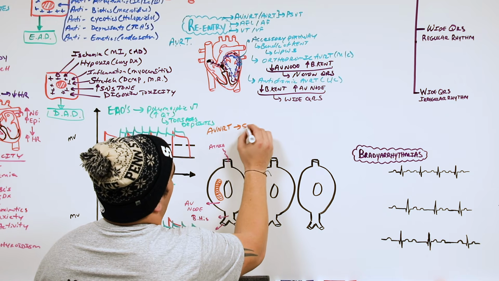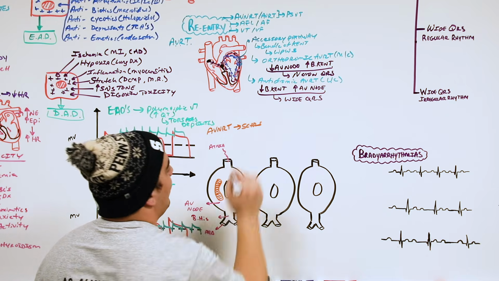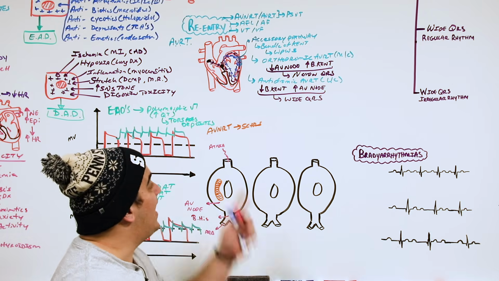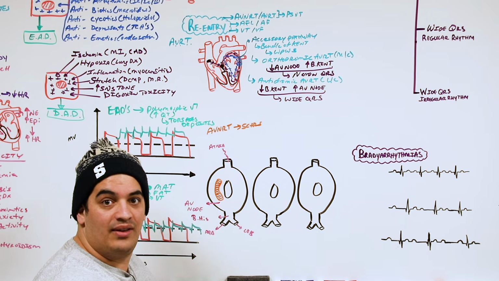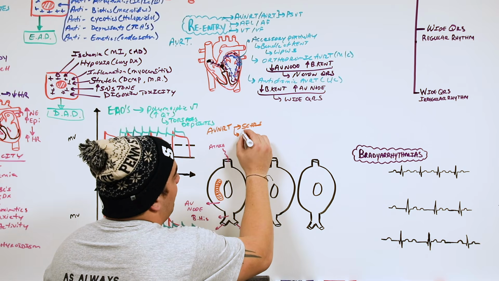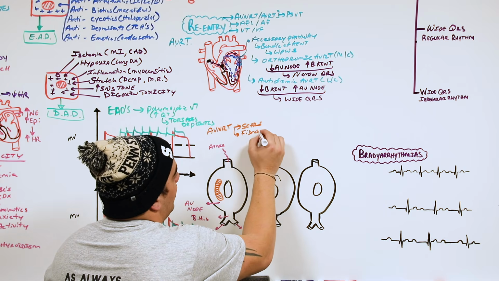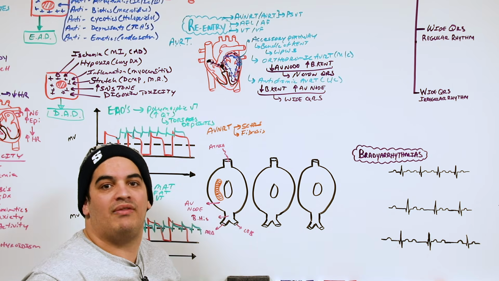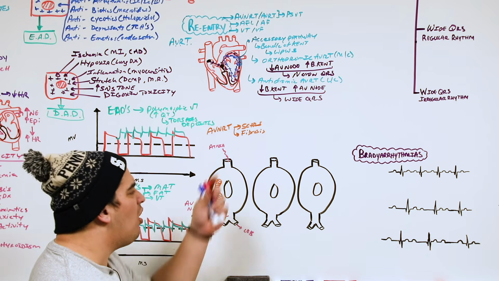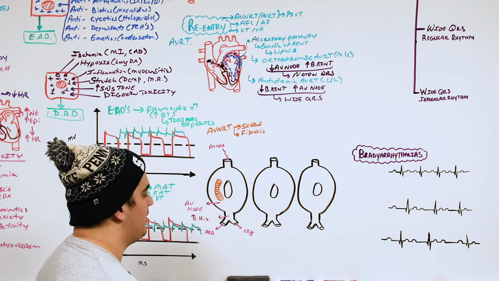This can be seen with myocardial scars. Maybe they had a history of myocardial infarction. Maybe they've had heart surgery before, and that's the reason for the scarring occurring in the AV node. Or maybe they have some type of fibrosis. As people get older, they can develop some idiopathic fibrosis within the AV node as well. So scarring, fibrosis, these could be some reasons.